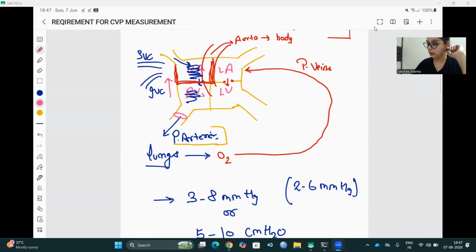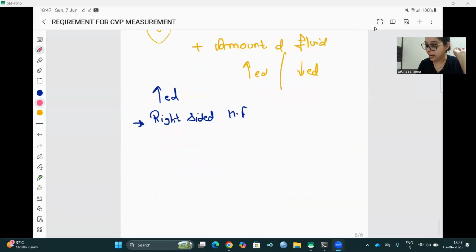Okay, so now let's see what all we have discussed. Right-sided heart failure we have discussed. We have discussed pulmonary embolism, in that case also. Then if there is fluid overload, the amount of blood is going to be increased.